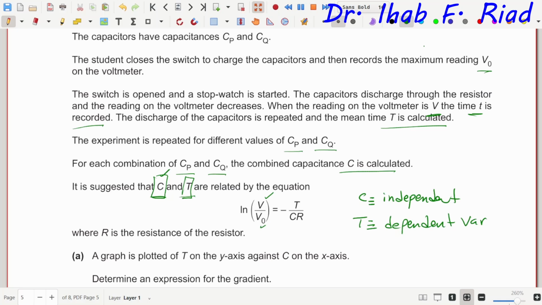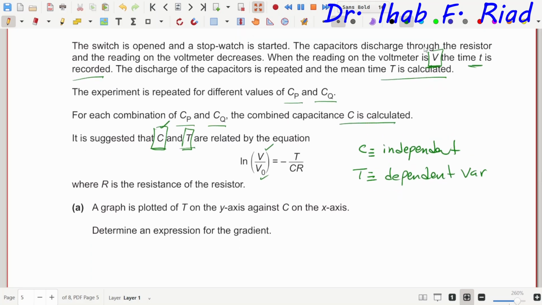Now V and V naught are fixed values. Okay, they are constant. Again, he told us a graph is plotted of T on the y-axis and C on the x-axis.